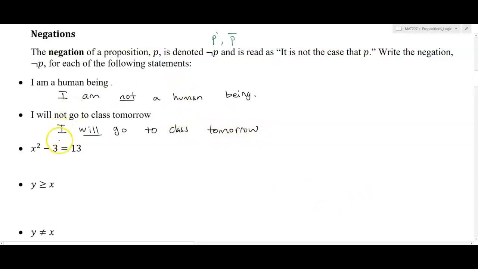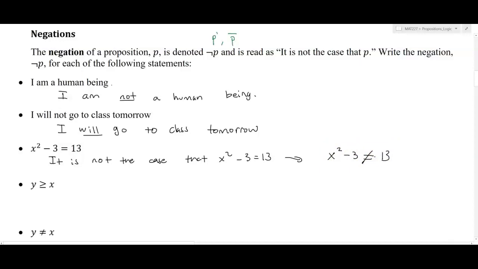And what about the statement x squared minus 3 equals 13? Well, if we first start off by writing it is not the case that x squared minus 3 equals 13, then that means precisely x squared minus 3 does not equal 13.